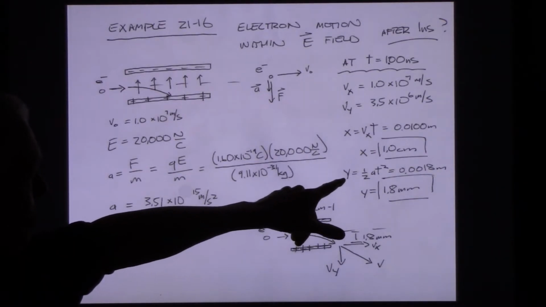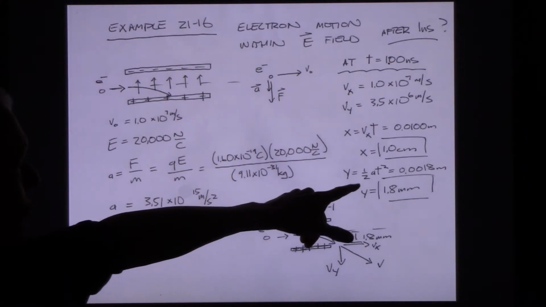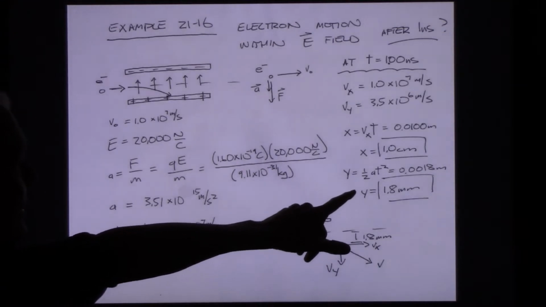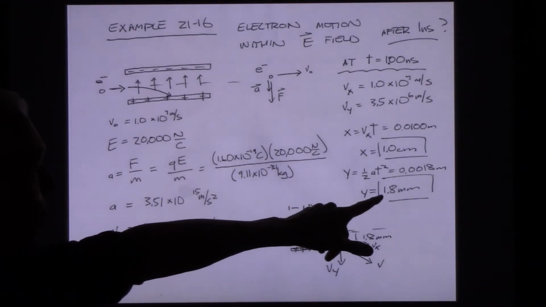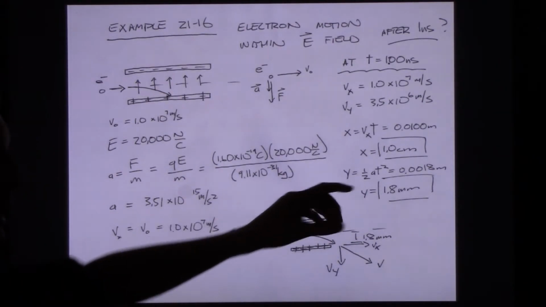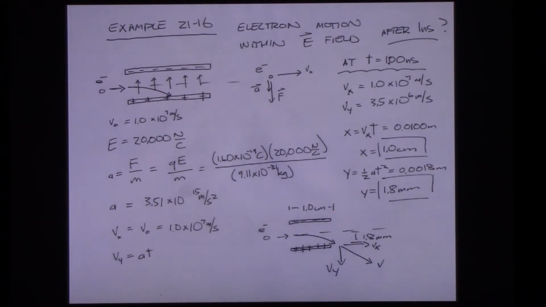In the y direction, I have to use the acceleration formula 1/2 at squared. I put those numbers in, and it said that y would be 0.0018 meters, and then I converted it into millimeters. So in the x direction, after 1 nanosecond, the electron has traveled 10 millimeters.